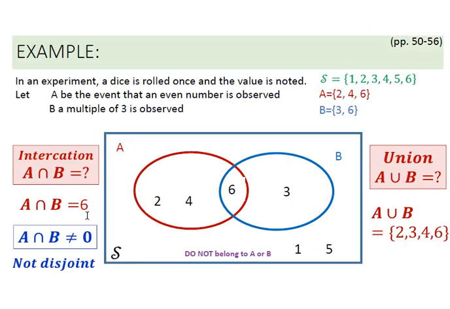Look at here, A and B. In this example, the intersection of A and B is not empty or null, so A and B are not disjoint.